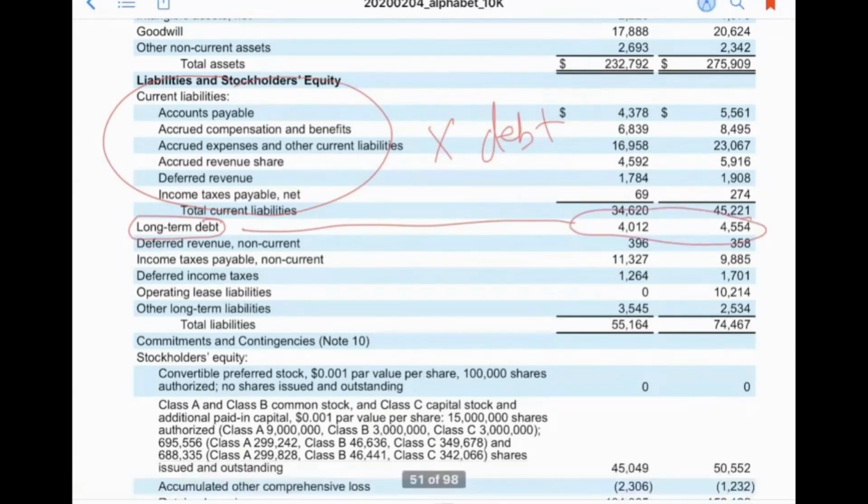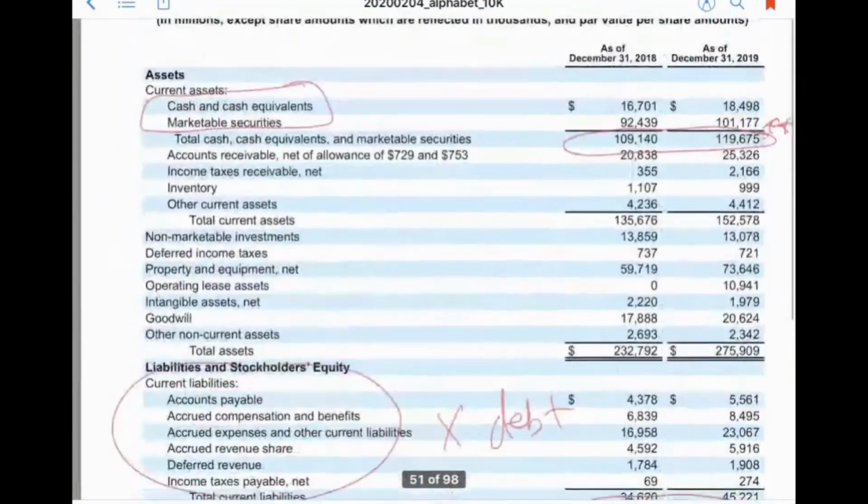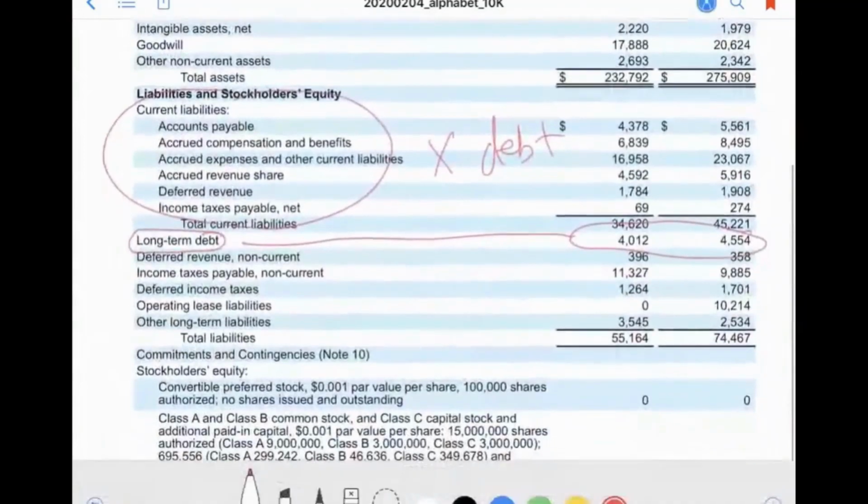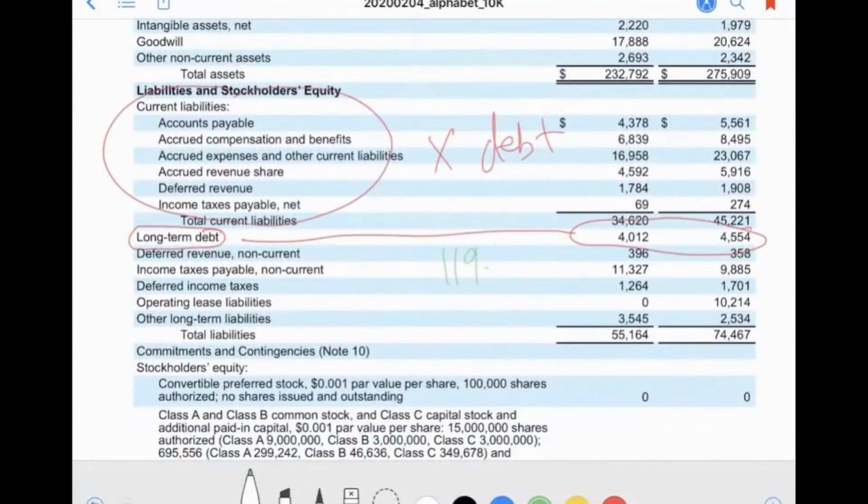If you look at Alphabet's case, let's say in 2019, they had about 119.8 billion in cash. And they had debt of 4.554, okay, 4.6 billion, I'll round it up.